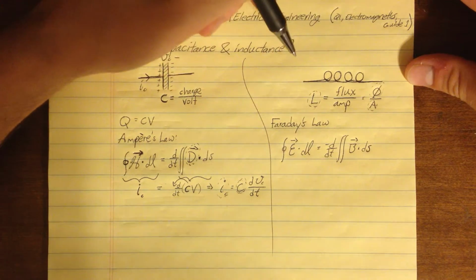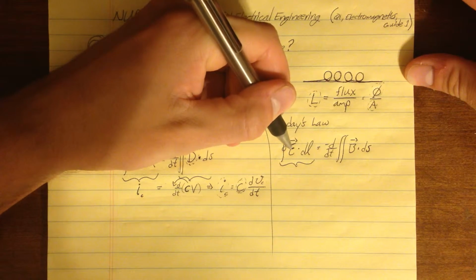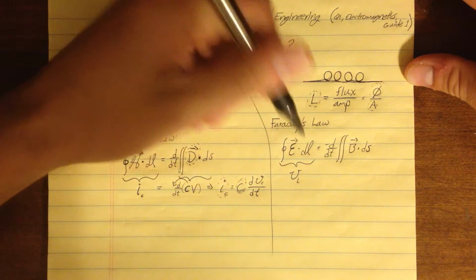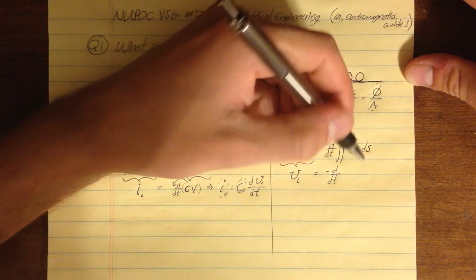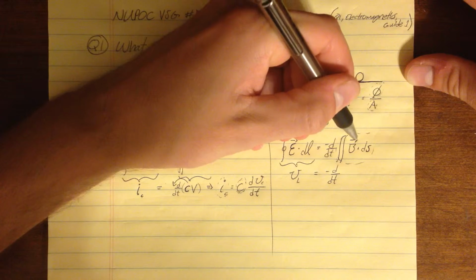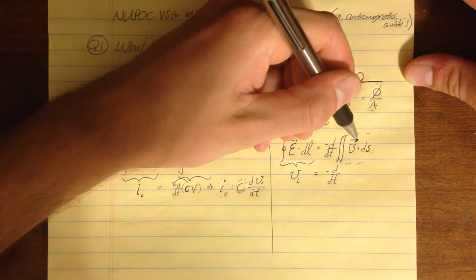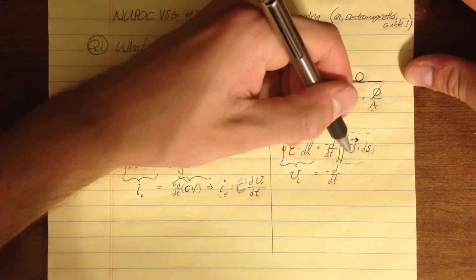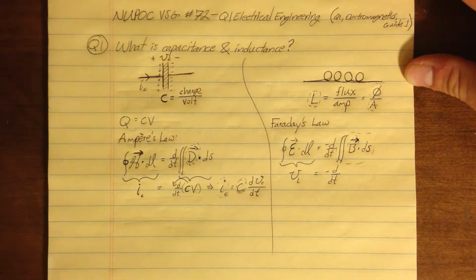If we integrate the electric field, which is in volts per meter, over some distance, we'll just get volts, and I'll say that's VL because we're dealing with an inductor. That's equal to minus the time derivative of this whole thing. The B field is in webers per square meter, so it's a magnetic flux density. If we integrate it over some area, we'll get magnetic flux.